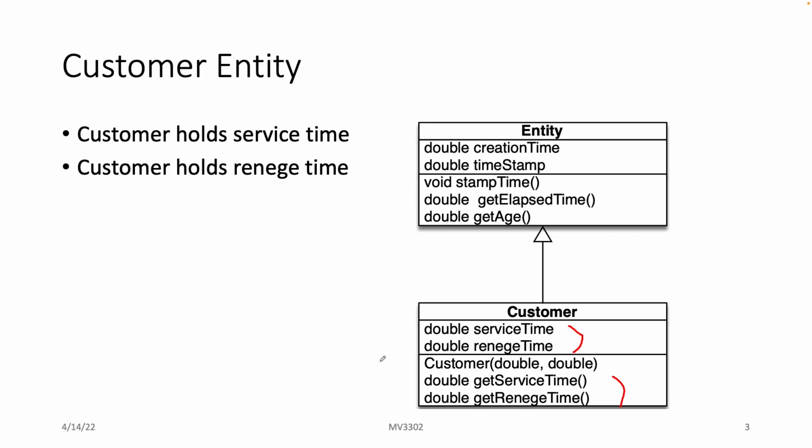Well, we're not going to have setters in this case, but we're going to pass them through the constructor. So we're going to tell the customer, this is your service time, this is your renege time, and that's what they're going to have. Okay, so from an event graph perspective, we're set. In Java, then we would simply subclass the entity class. And that's, by the way, what I'm going to ask you to do.